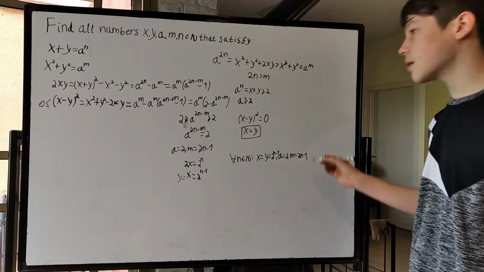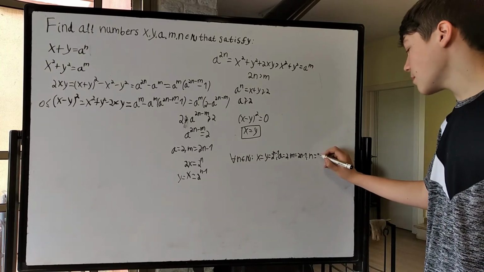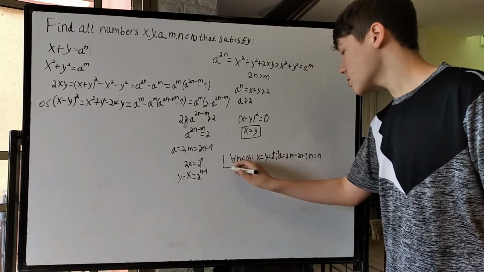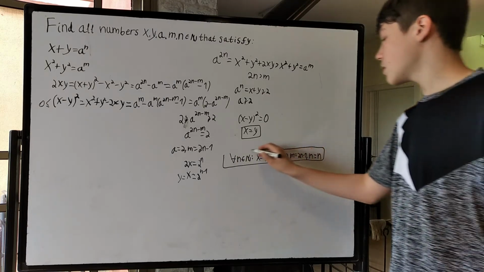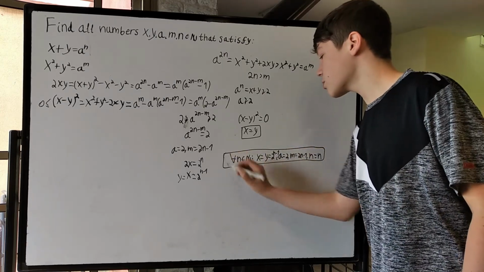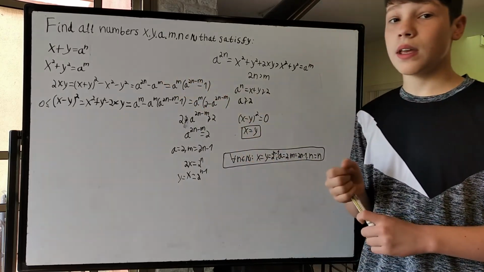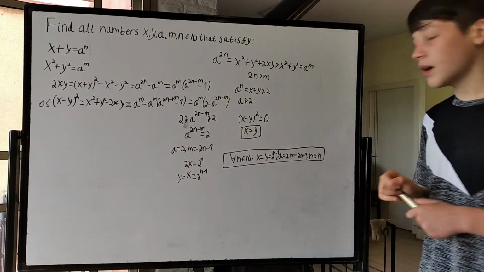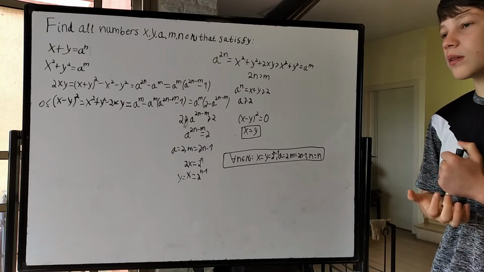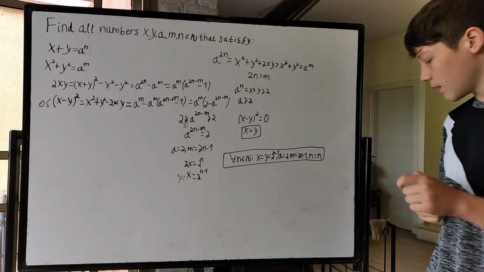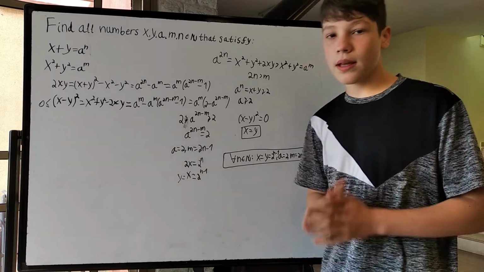And of course, our n stays the same n. So, this is the final solution of the problem. And if you want to fill in the cases of if there are zeros, you can do it yourself. It's not that hard.